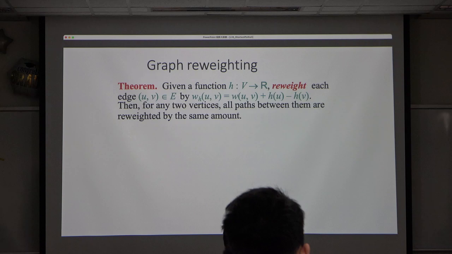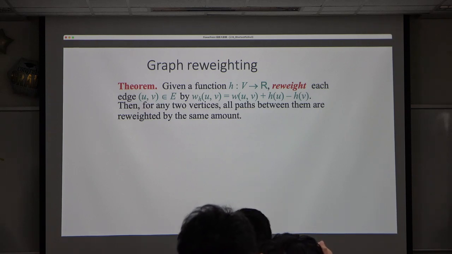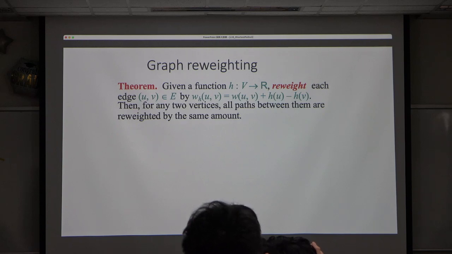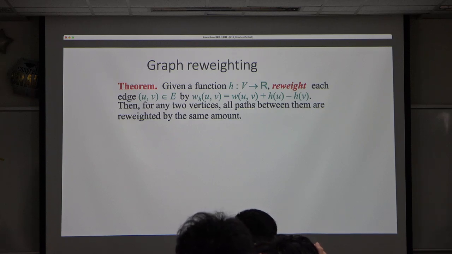Let me write it to make it more obvious for you. Can I put this one to be x1, this one to be x2, this one to be xn? I could do that, right? Then this will be the special linear programming problem we just dealt with.